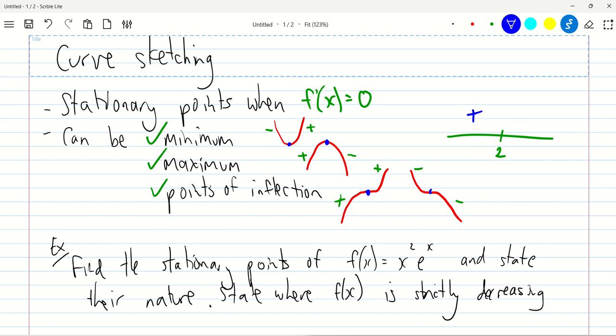If it's positive and then negative, then the graph goes up and then down, so it will be a maximum turning point. And if it's negative there and negative there, we know it goes down and keeps going like that. So what we do is we set up a little sign diagram to show the behavior to the left and right of that point. And that will give us some clues as to what it looks like.